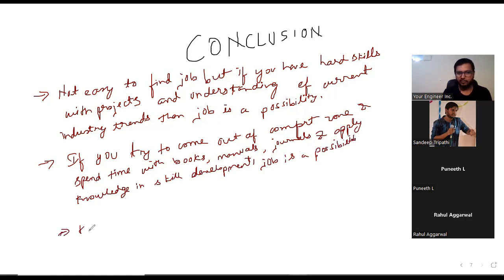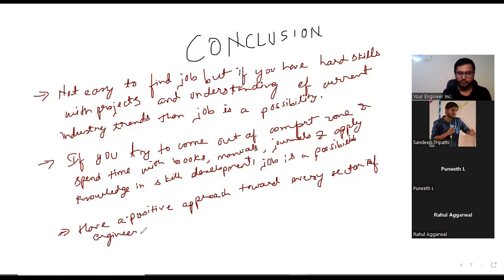Third is have a positive approach towards every sector of engineering. Remember, you are valuable at least somewhere.